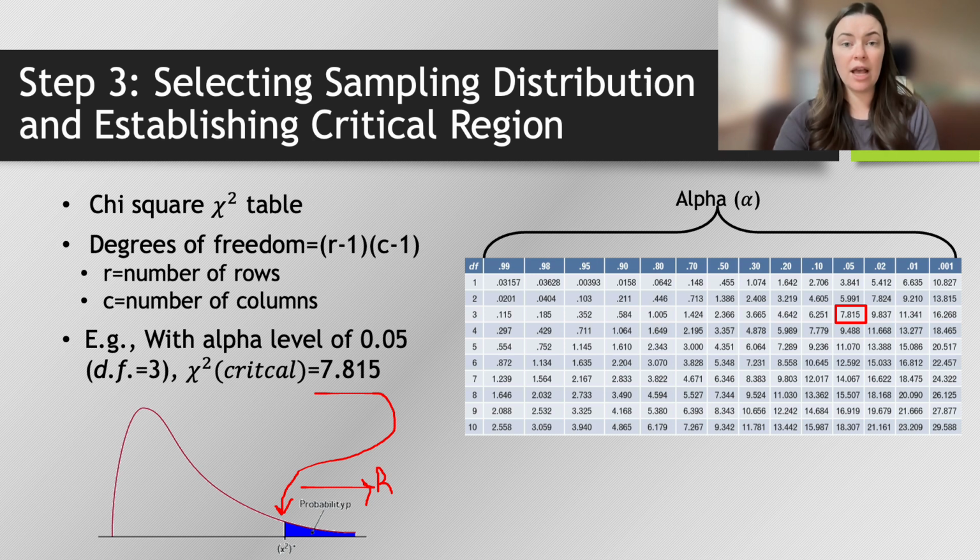If our chi-square obtained value is less than 7.815, we are going to fall into our safety zone or our fail to reject zone. And because of that, we would fail to reject the null hypothesis and assume that the two variables are independent of one another, meaning that they don't have any statistically significant association.